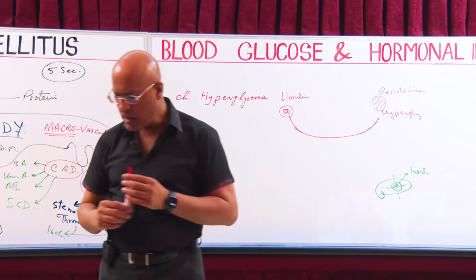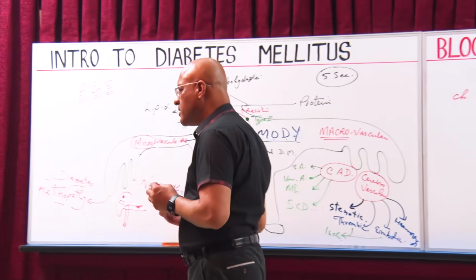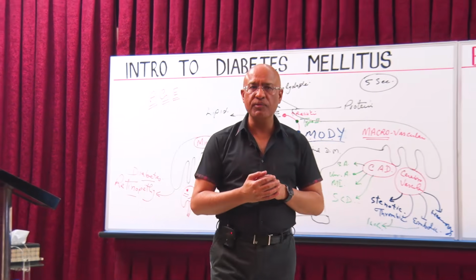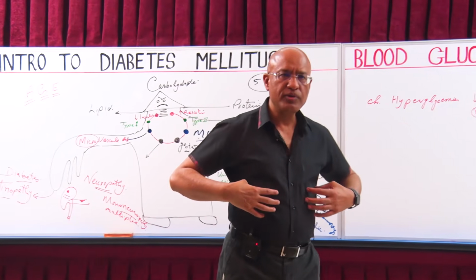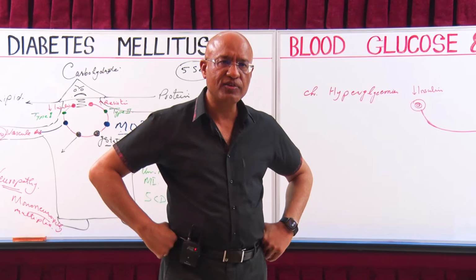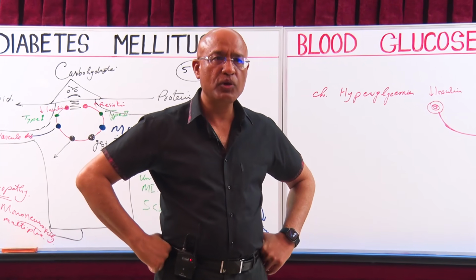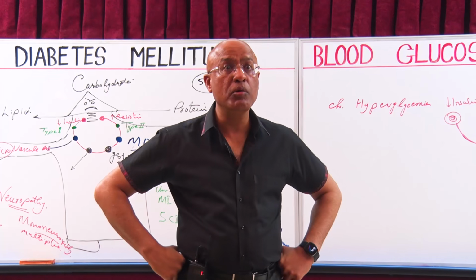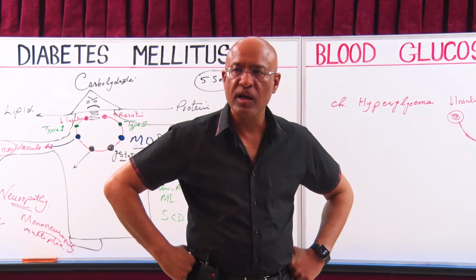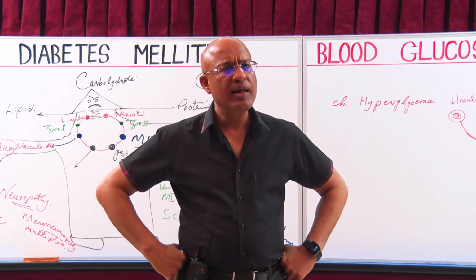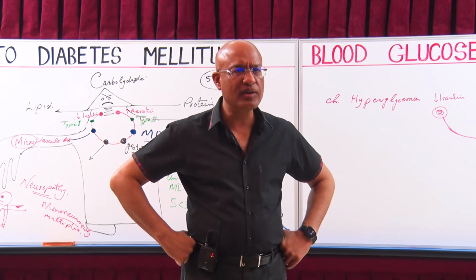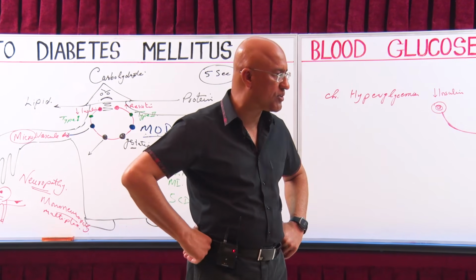Then this autonomic neuropathy may involve the autonomic nervous system to your gastrointestinal system. If your gastrointestinal system is affected, GIT motility will become abnormal. You know, the vagus nerve is the classical example of the parasympathetic nervous system.